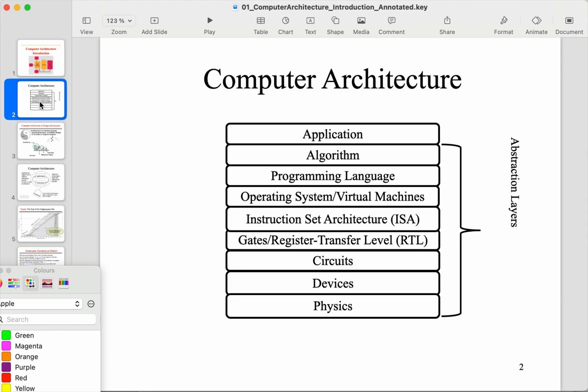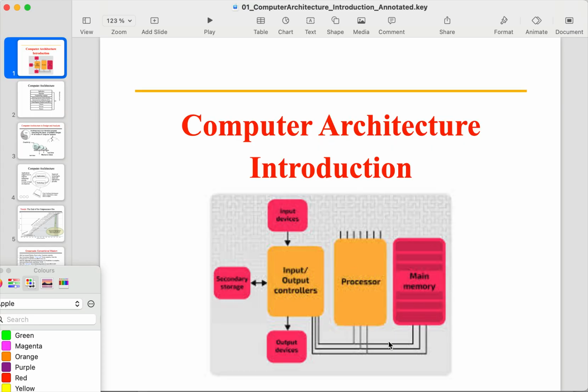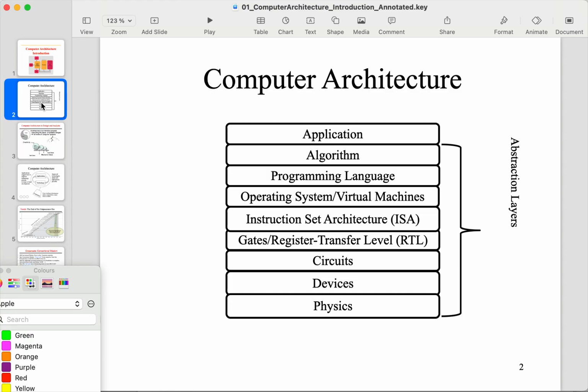So let's look at some abstraction layers. What we have seen here are the physical devices that comprise the computer internally. If we are to look at this as an abstraction layer, we will see that those physical devices sit on the bottom. So we have physics and devices on the very bottom of the stack of the computer architecture.